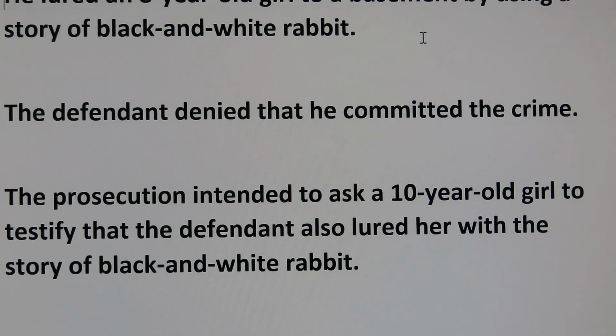There must be a unique or distinctive method in committing the crime, so that we can say that is really the defendant's signature move. We see this kind of way of committing a crime, and then we can say most likely it was the defendant who committed the crime.